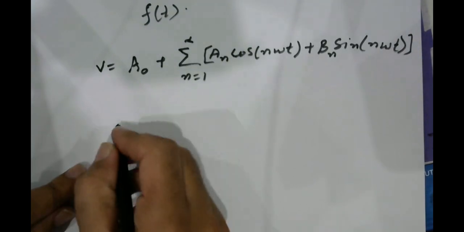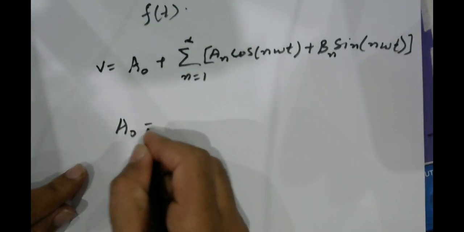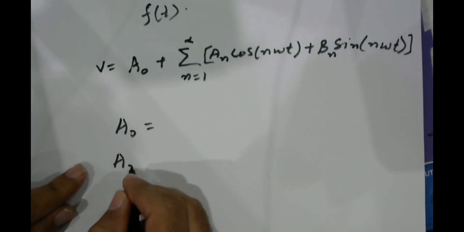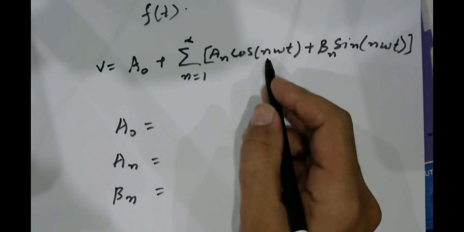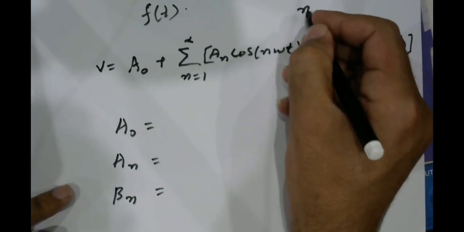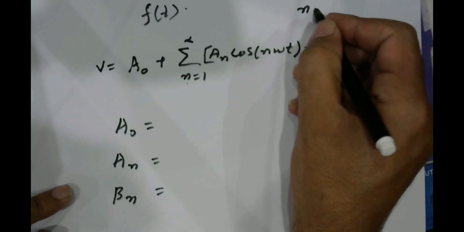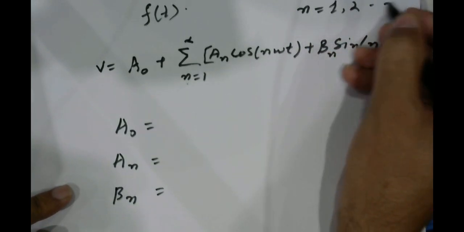Here we have this a naught. These are constants. This is a n and this is b n. The a n and b n values will change with the value of n. This n is starting from 1 till infinity, so this could be 1, 2, 3, 4, 5, 6 and so on, till infinity.